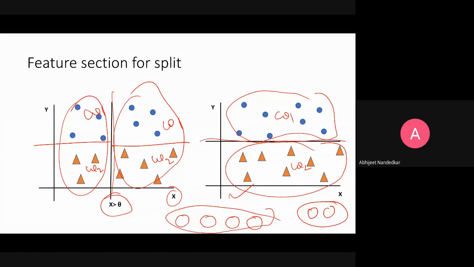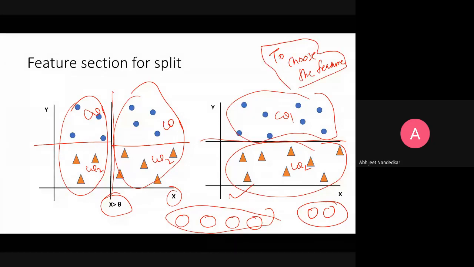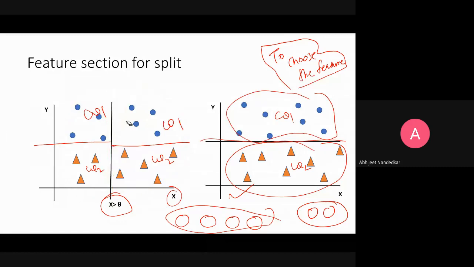So it is a critical thing to choose the feature. Choose the feature with which you will start your journey of division. Okay, so if by chance you choose a feature such that it is creating further children which are still not pure, then you have to struggle a lot. That means you have to create more nodes or more branches for the tree, and you would finally get the children which are pure.